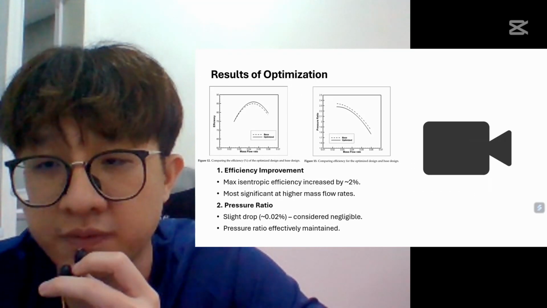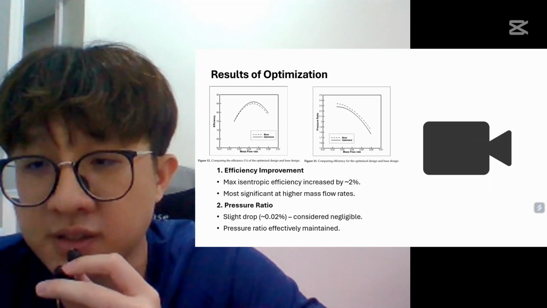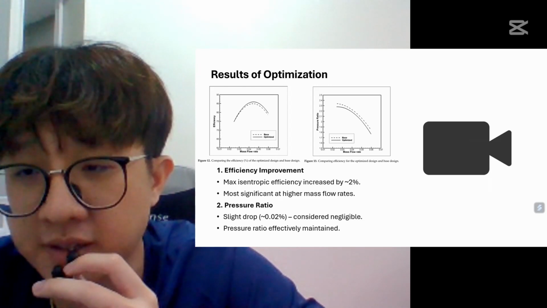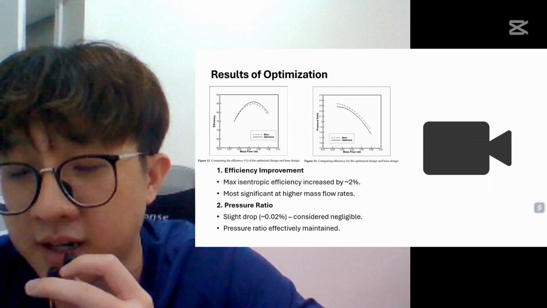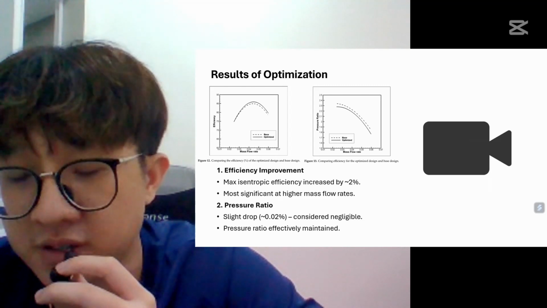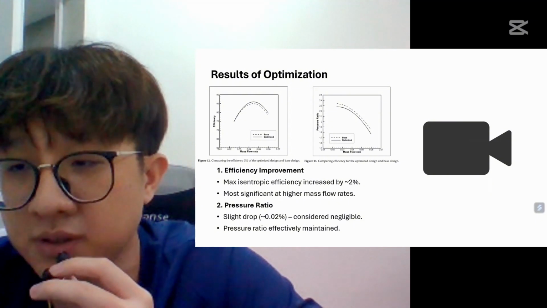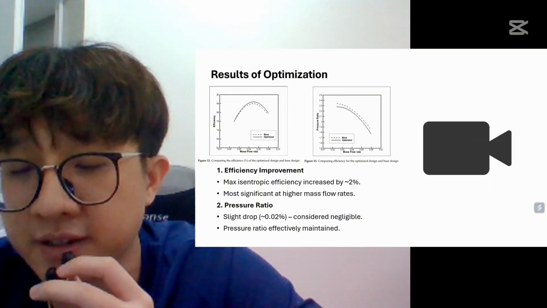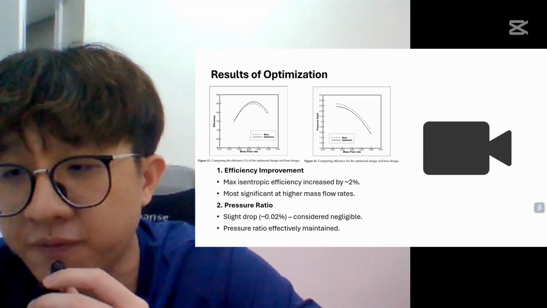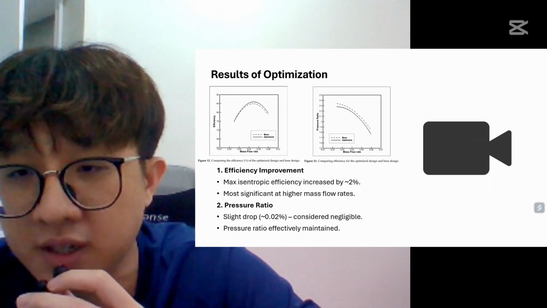Now we continue with the results of optimization. First of all, the efficiency improvement. The optimized impeller design resulted in an approximate 2% improvement in maximum isentropic efficiency. Notably, this enhancement was most pronounced at a higher mass flow rate, indicating that the new design offers better aerodynamic behavior under high load conditions.